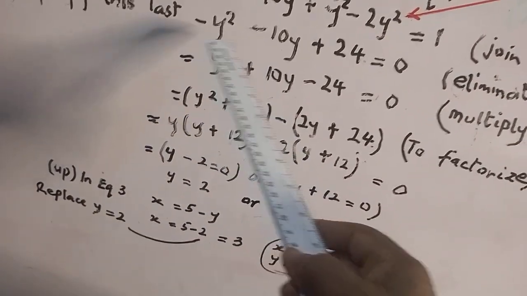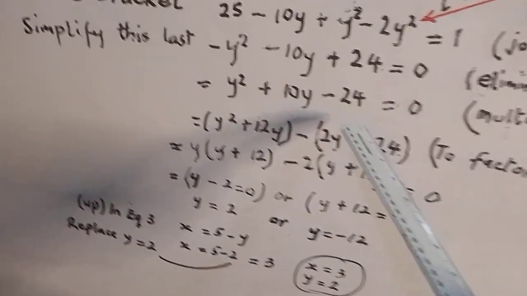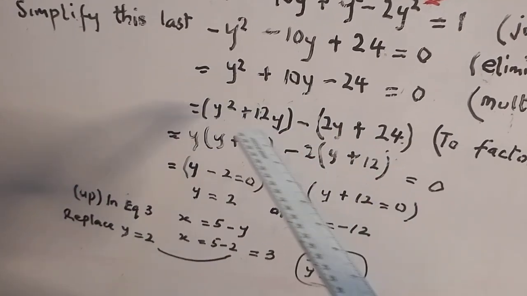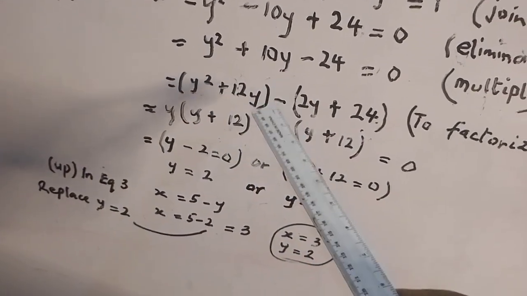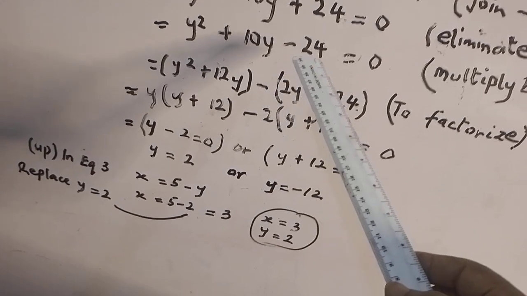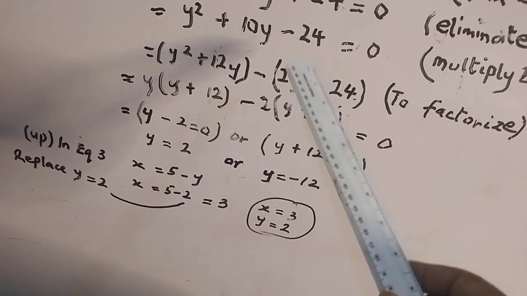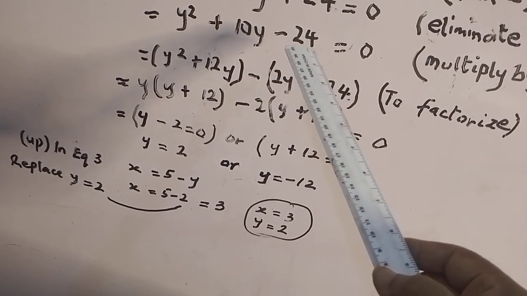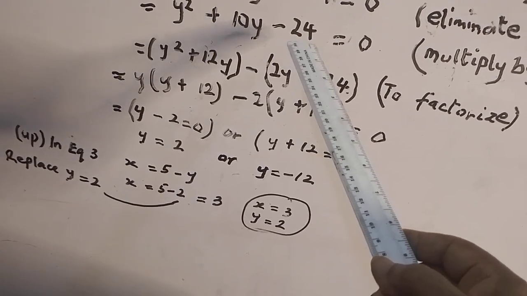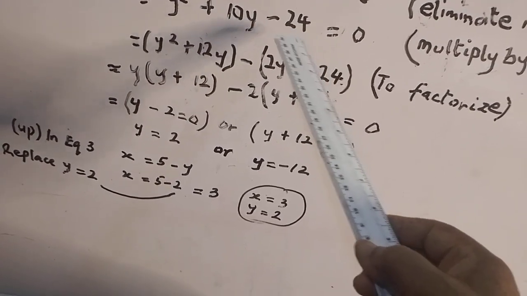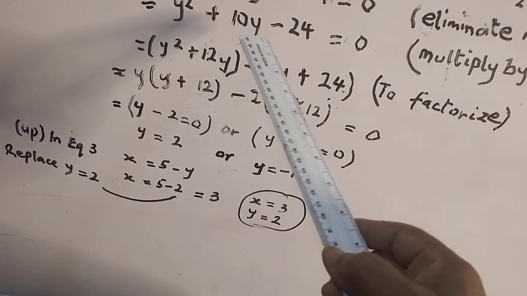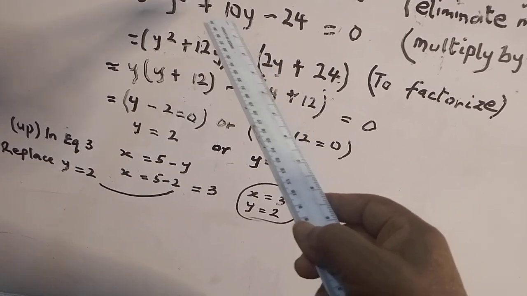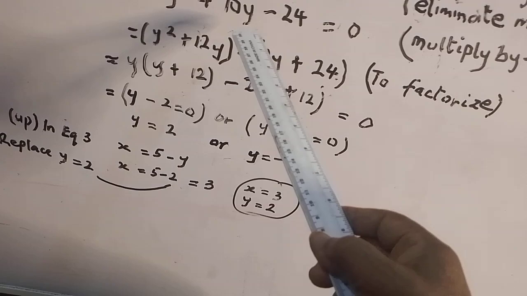Now we simplify the last one by multiplication, this thing which we have just done. So what value, just one pair, can we multiply to give us 20 minus 24? And when we subtract, it will give us plus 10y or plus 10.